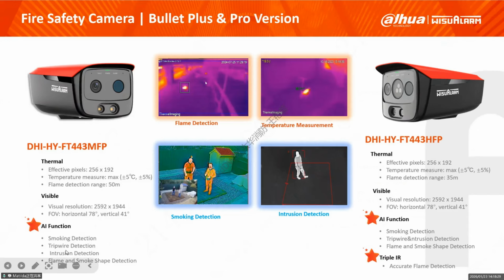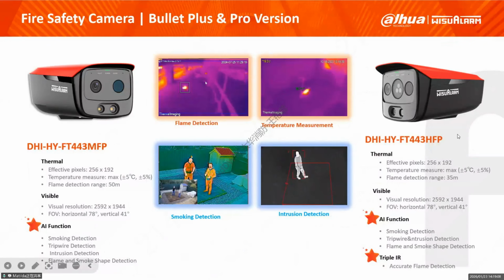It also supports tripwire detection and intrusion detection to prevent illegal intrusion. And it also supports flame and smoke shape detection. This kind of detection is usually used together with the heat detection, which can reduce false alarms. It is used to detect the flame shape or the smoke shape.